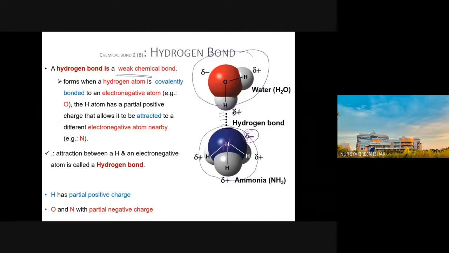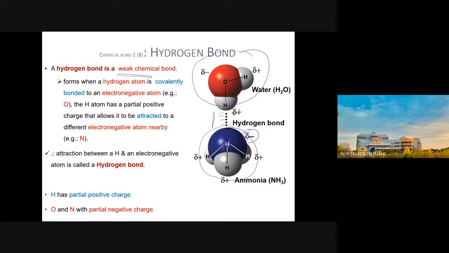So remember, whenever you draw a hydrogen bond, you have to draw using a dotted line. You cannot draw using a straight line. If you draw using a straight line, it indicates that it is not a hydrogen bond, but instead a covalent bond. Remember, a covalent bond only exists between atoms within a molecule, not atoms within different molecules.